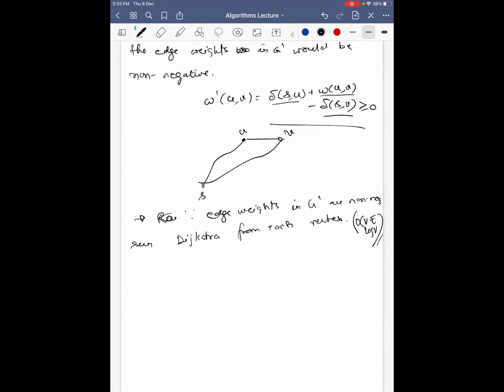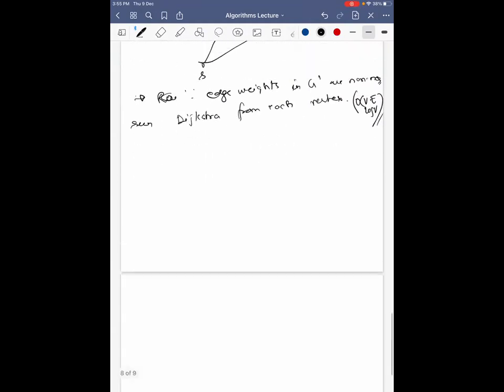Okay. So just to summarize, what we have done is you run Bellman-Ford, record the distances from S. This is a very high level sketch that I'm giving you.